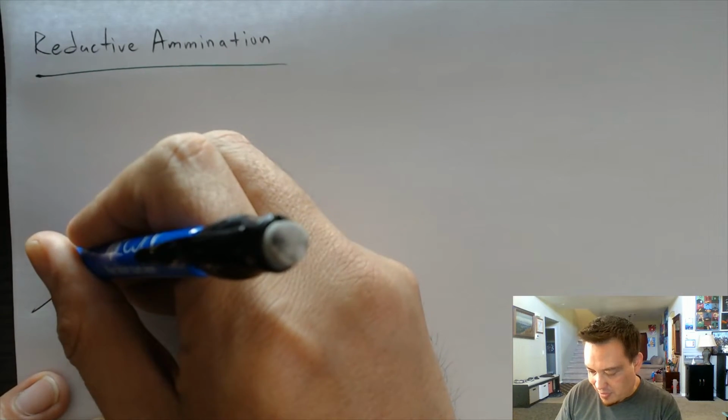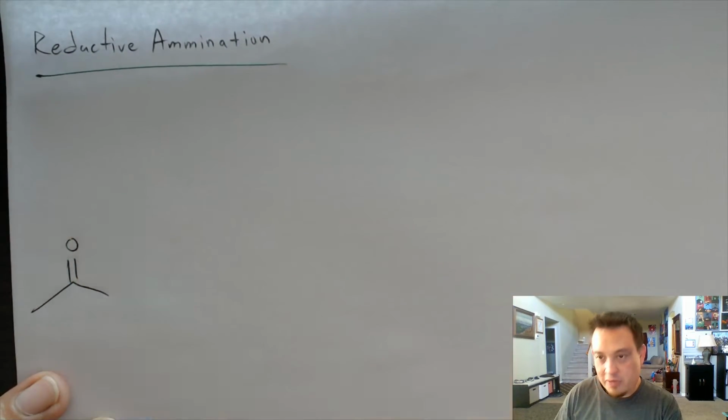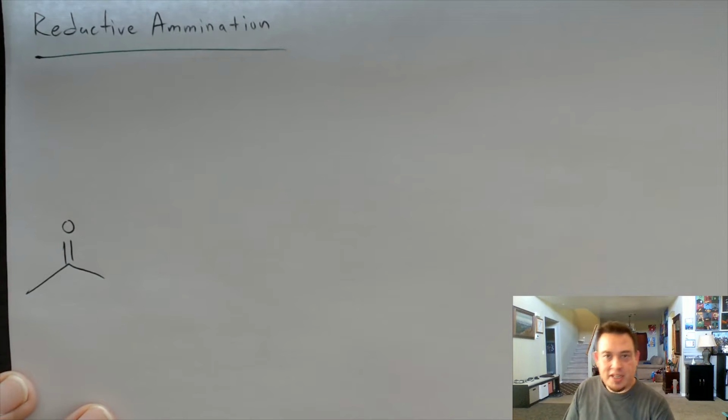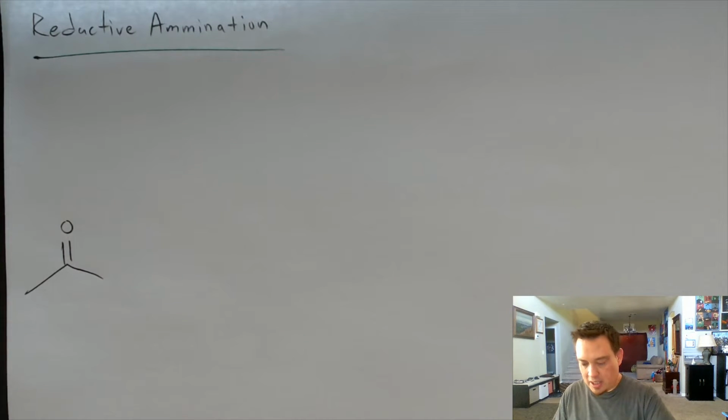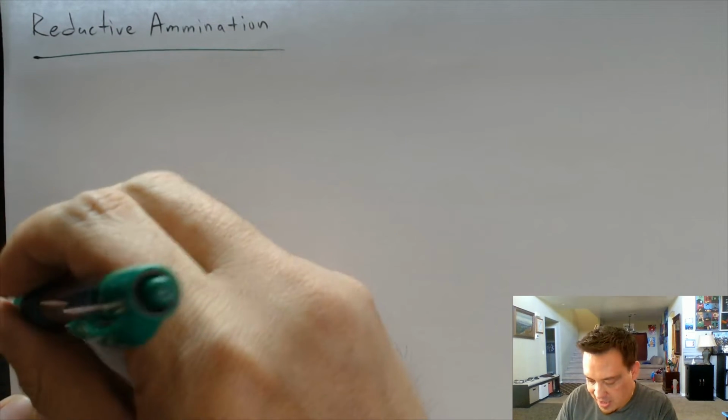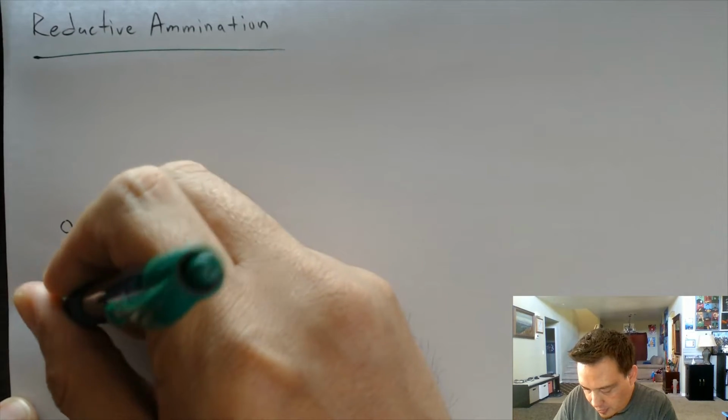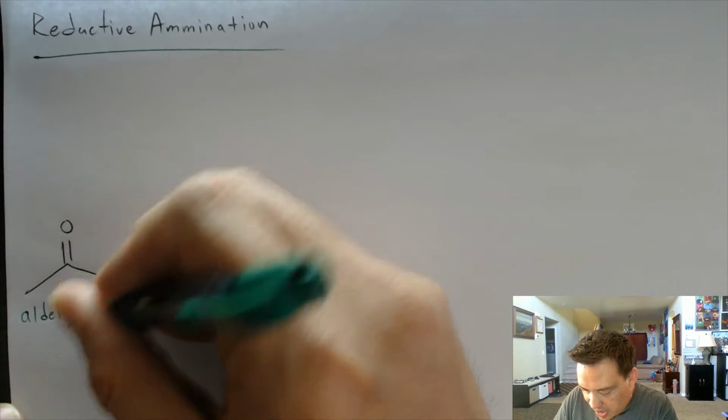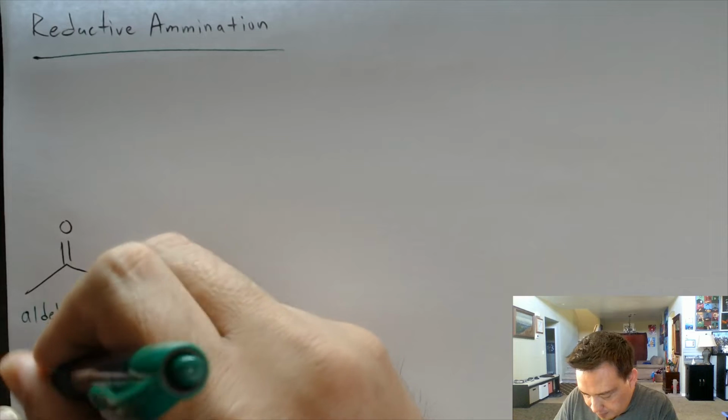I like to do a little bit of review here because we did do some nitrogen chemistry earlier this semester. This was during the aldehyde and ketone chapter. So aldehyde or ketone.